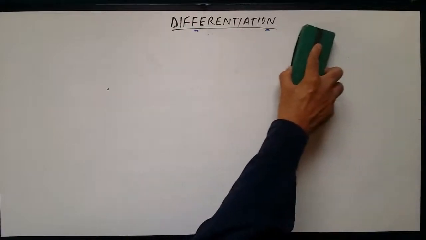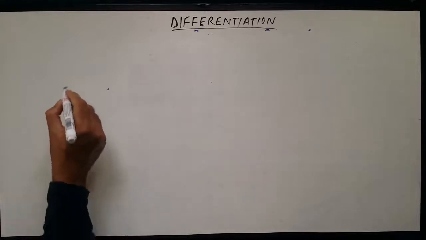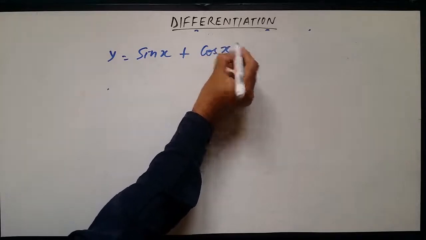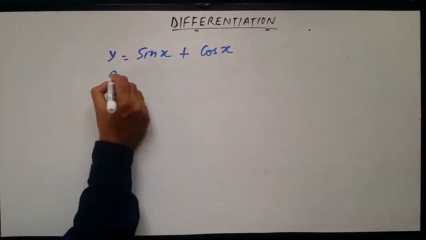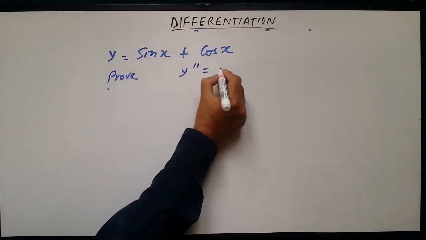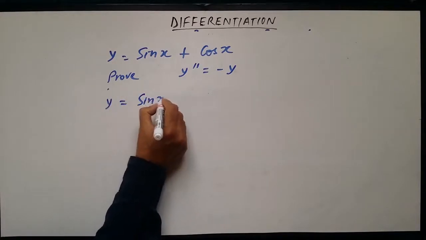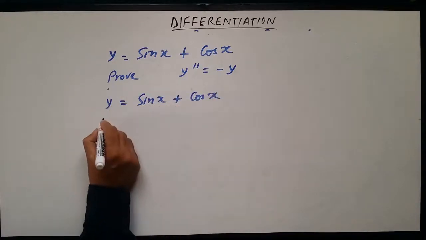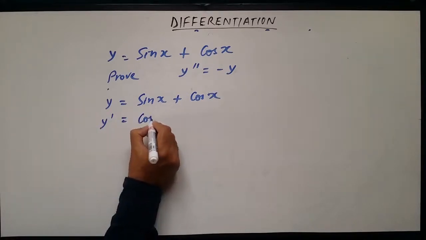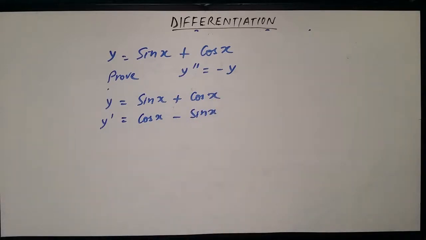Let's see if we can have any other example. Let's say y is equal to sine x plus cosine of x. Prove that the second derivative of y is equal to minus y. The first derivative is equal to cosine of x minus sine of x, because the derivative of cosine x is minus sine of x.